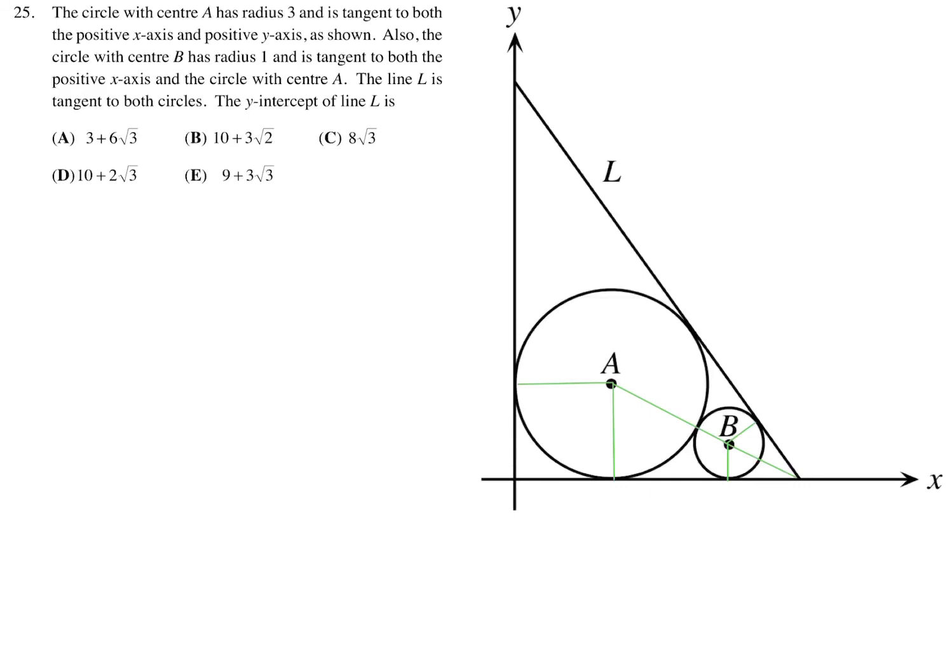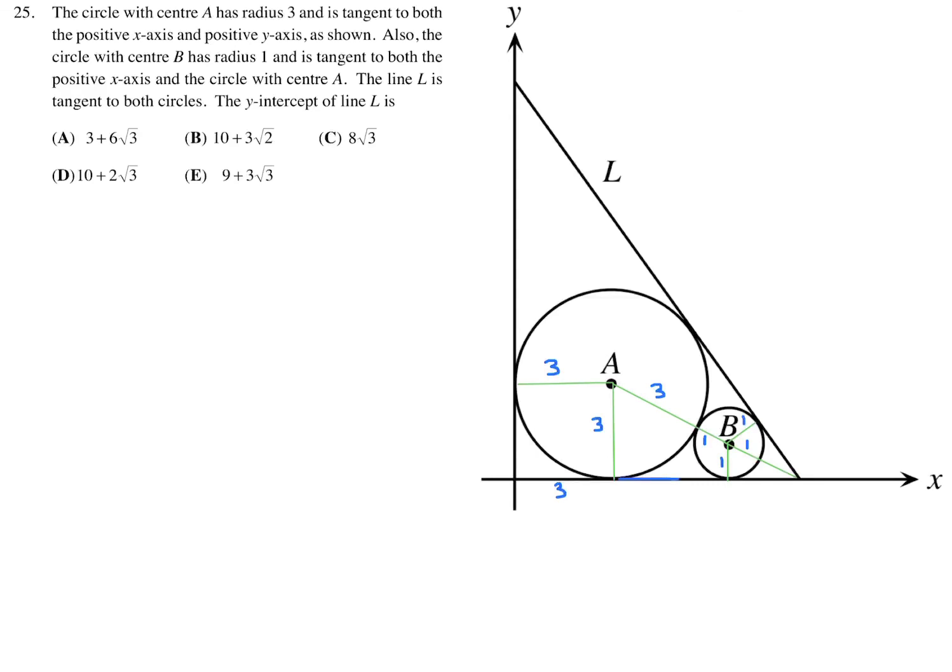Now let's label the distances, what we know. We know that the radius of the large circle is 3. And therefore this is 3, and that's 3, and this is 3, and so on. They're all radii. The radius of the small circle is 1. So this is 1, and this is 1, and this is 1 right here, and this is 1 right there.